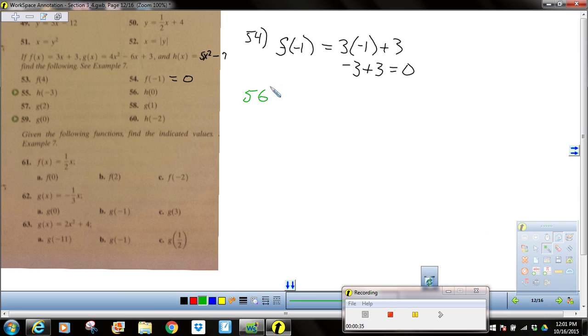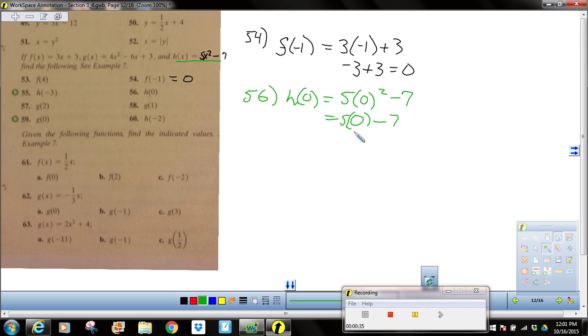Number 56, it says h of 0. So I'm going to look at the function that was h of x, which is right here, the one I rewrote. I'm going to plug 0 in for x, because 0 was the input they want us to use, and the variable for the inputs is x. 0 to the second power is 0, times 5 is 0, minus 7.